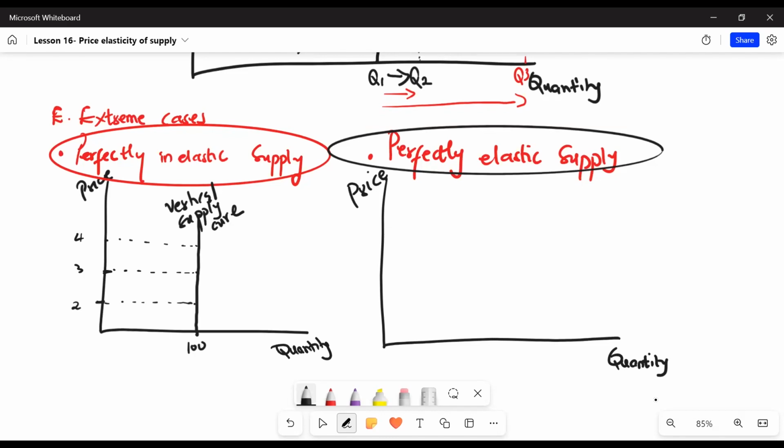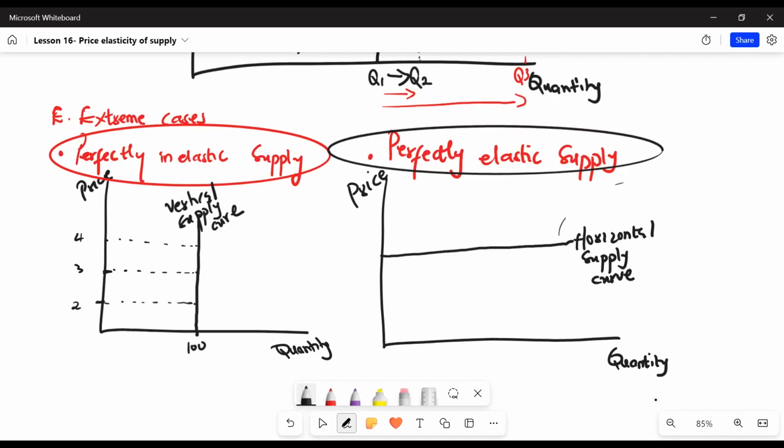And if price were to decrease, quantity supplied will also decrease by an infinite margin. The curve for perfectly elastic supply is a horizontal curve. So we have a horizontal supply curve, and this is showing that a change in price leads to an infinite change in quantity supplied.